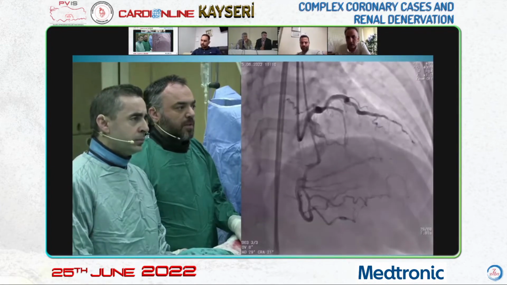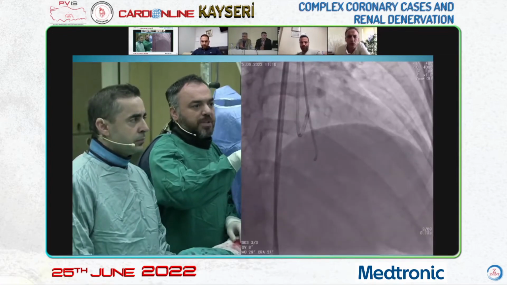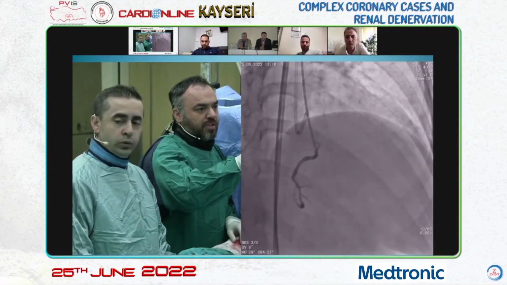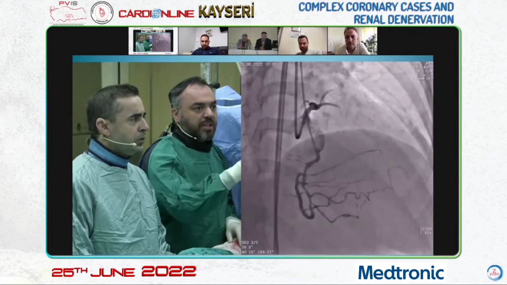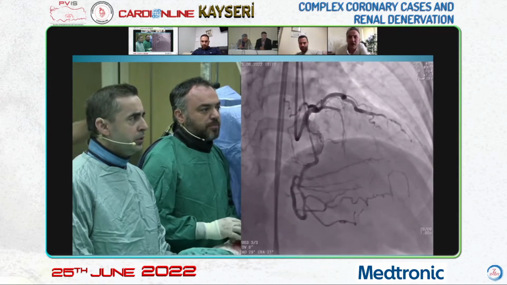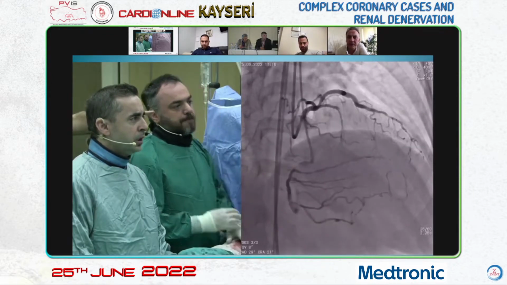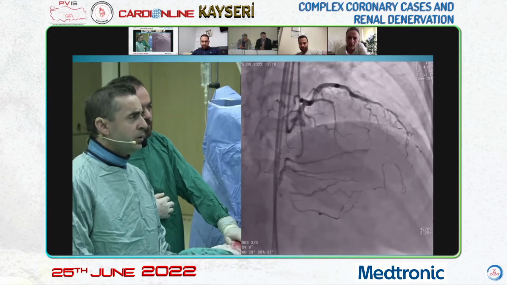The CTO segment is around 2 centimeters. It seems difficult from the circumflex, and the distal LAD is filled from the RCA. The obstruction is not to the end, right?